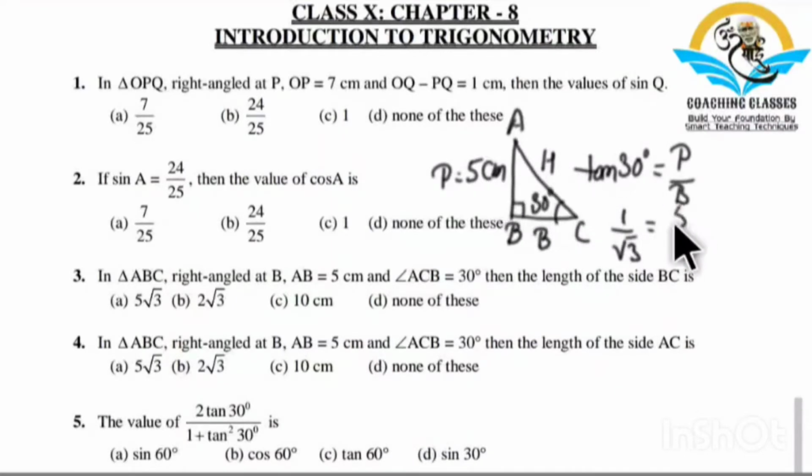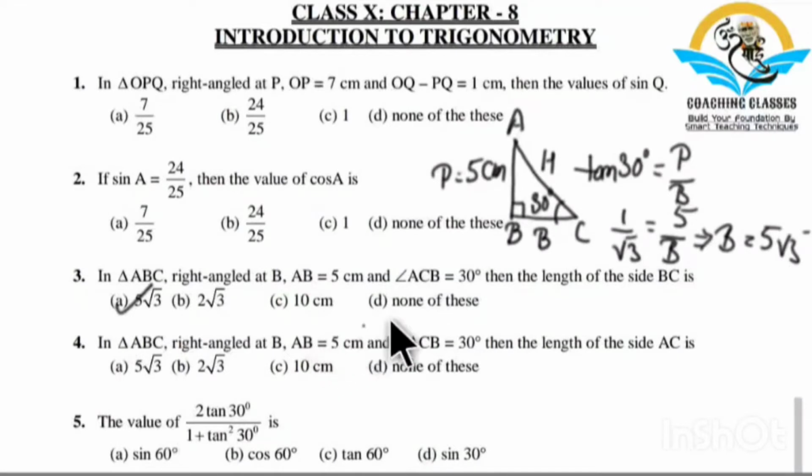Here P is 5 and B you have to calculate. Now you cross multiply, B equal to, that is base equal to 5 root 3, that is option A is right.